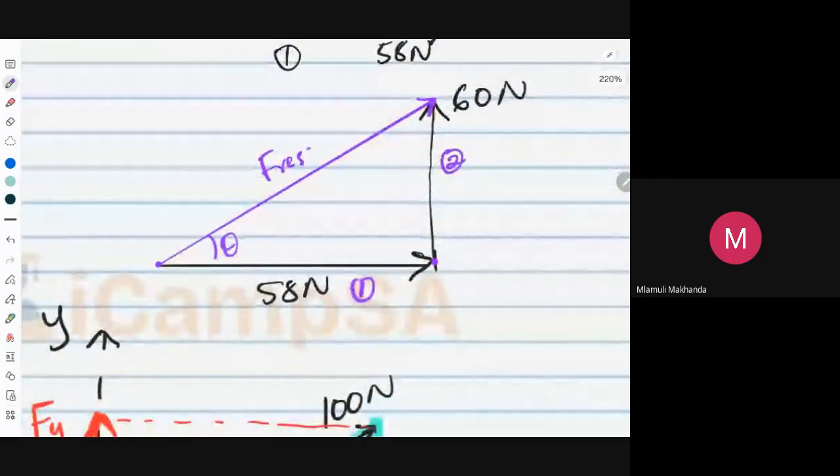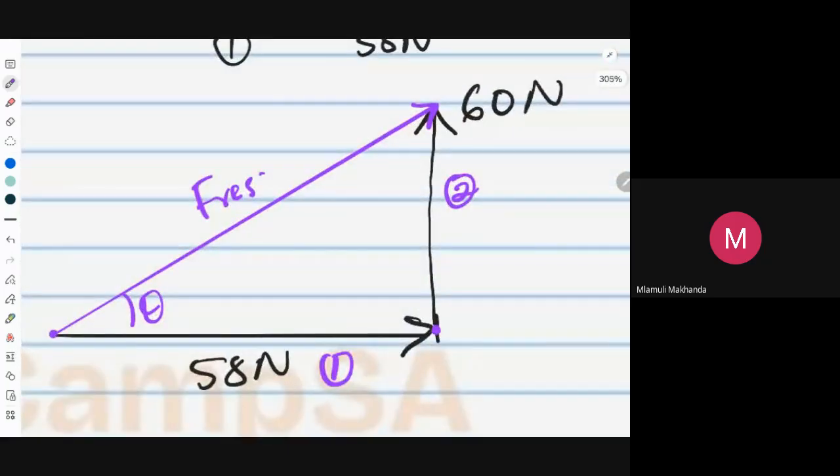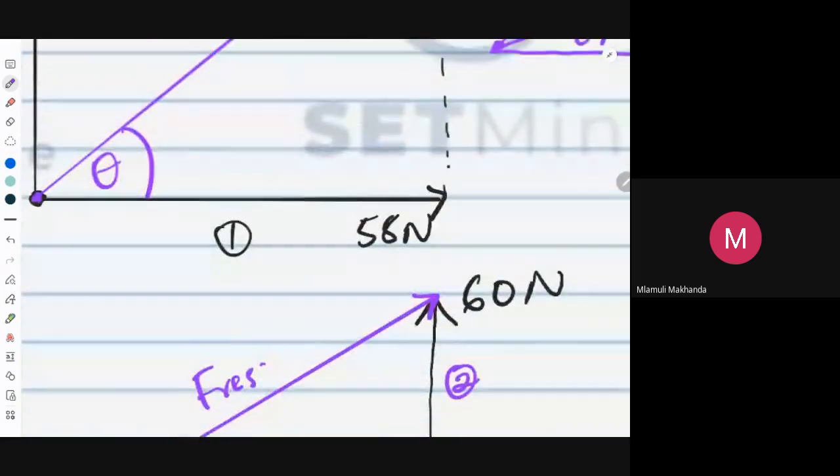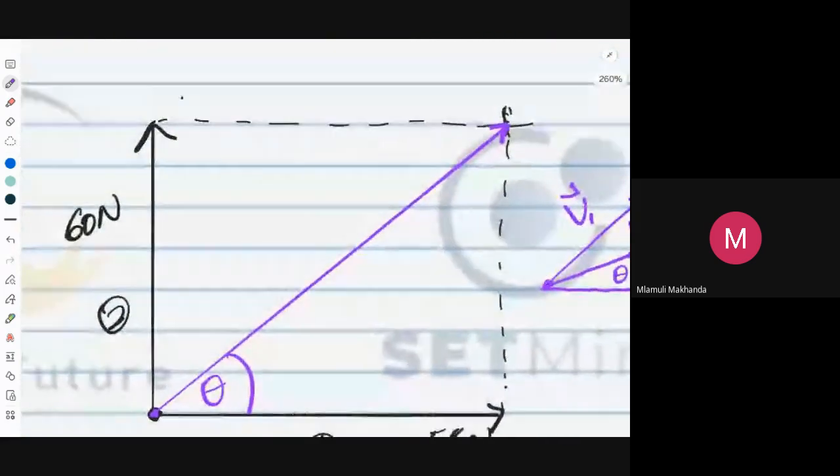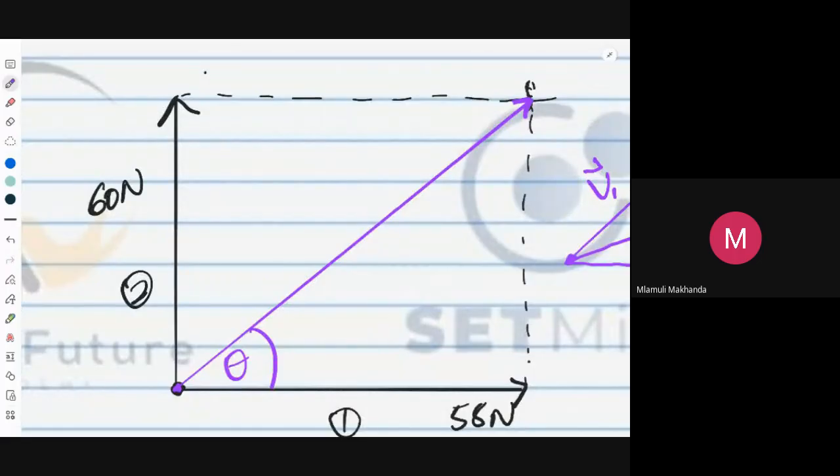So what happens with this one where the vectors are connected head and tail? Usually you would use what we call an algebraic method of finding everything. You don't have to use scales here. You'll just use Pythagoras, because usually this is the right angle, and you'll use tan to find theta, right? While in this case, where you have to use a parallelogram method, remember, every time you use a parallelogram method, chances are you have to choose a scale, because you will measure everything.